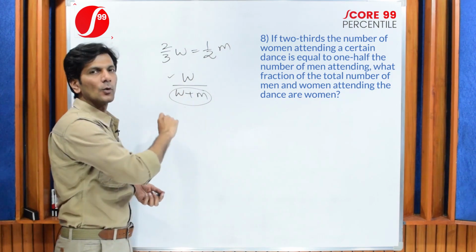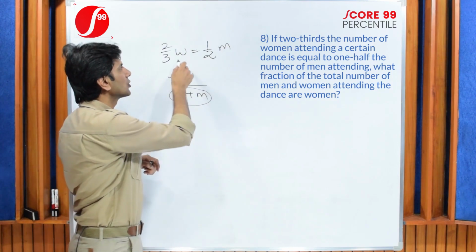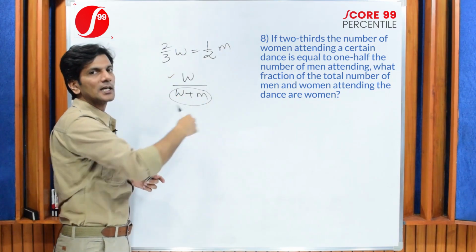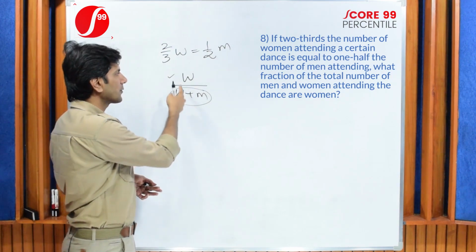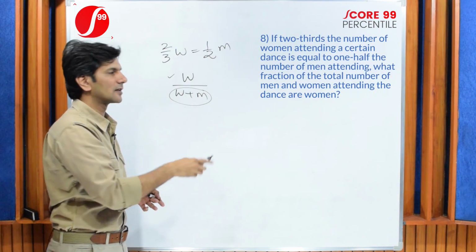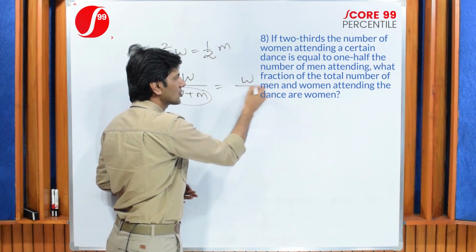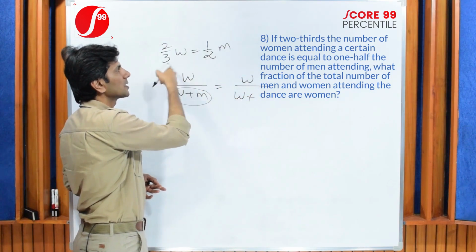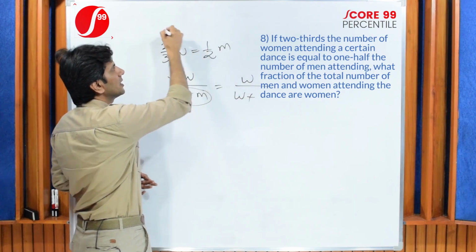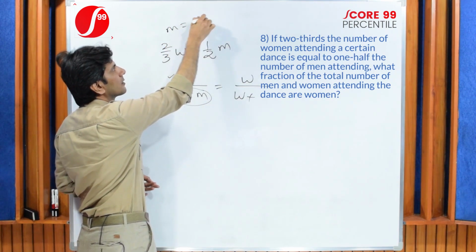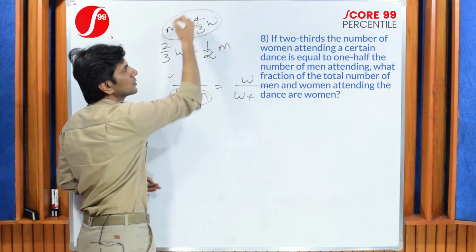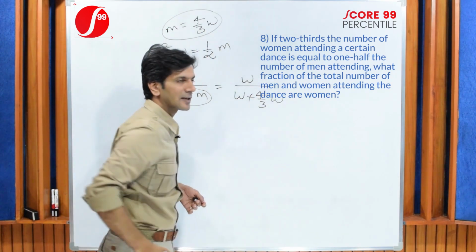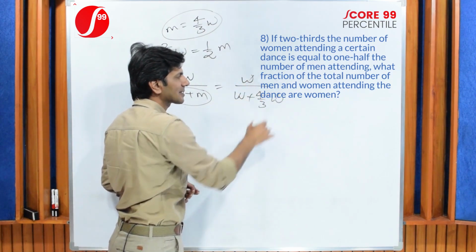So in other words, you have two unknowns in this expression and you have an equation that can relate one unknown in terms of the other. So all you have to do is convert one of these in terms of the other. So we will keep the W as such and we will write M in terms of W from this first equation. So here M is nothing but 4/3 of W. So we will write the value of M as 4/3 of W in this expression so that your W gets cancelled out.